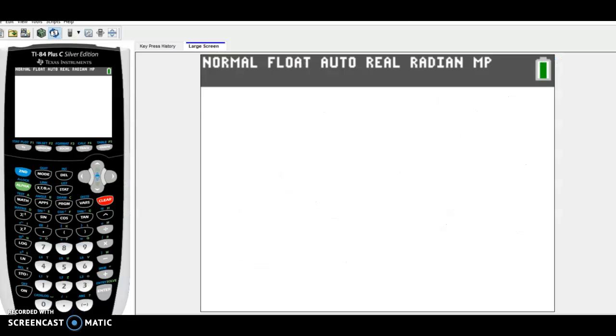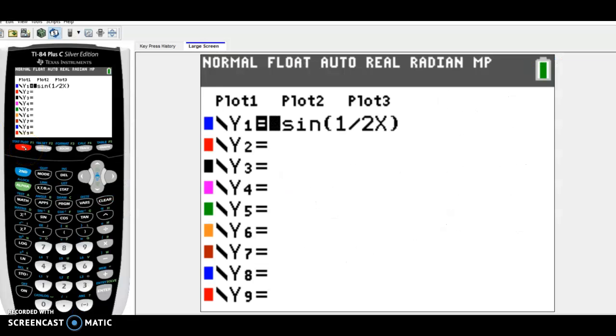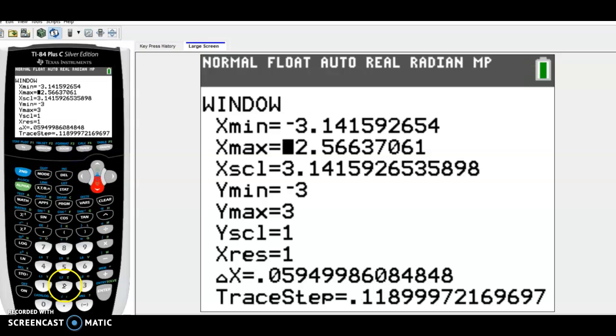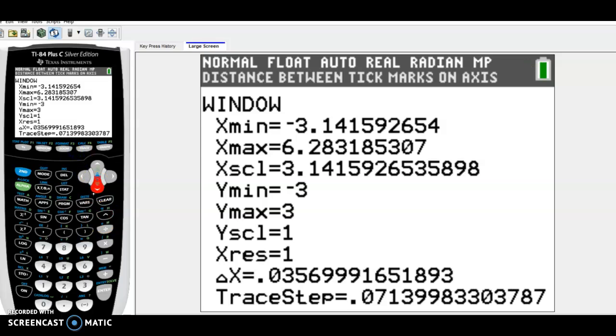Let's take a look at the calculator just to be as neat as we can be. So 1/2 times the sine of x plus pi. And then if I go to my window, I'll go back pi units, and then we'll go out to 2 pi because we're used to it being 0 to 2 pi, and it can count off by pi.